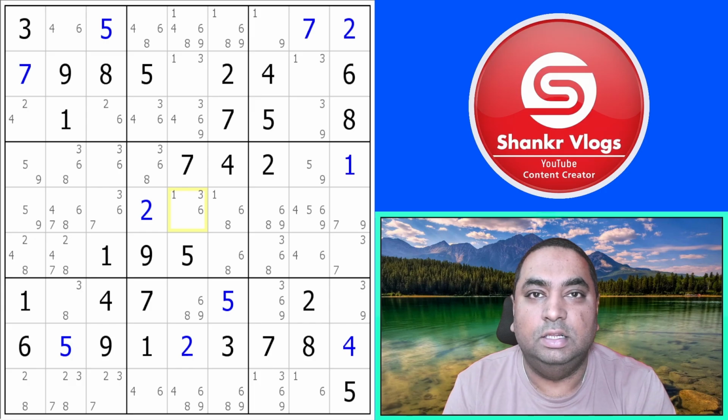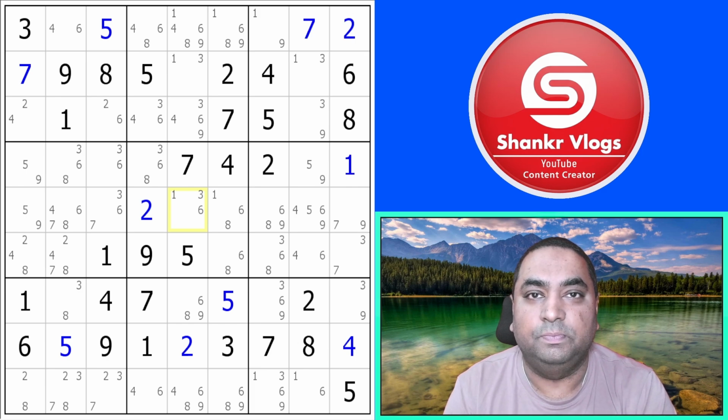Generally, unique rectangles are very easy to find, but in hard puzzles they are somewhat difficult to identify. In most puzzles, unique rectangles are common. To form a unique rectangle, a condition has to be satisfied: the 4 cells have to be accommodated in 2 rows, 2 columns, and 2 blocks.